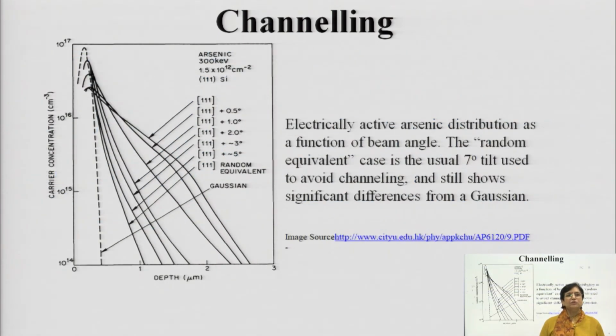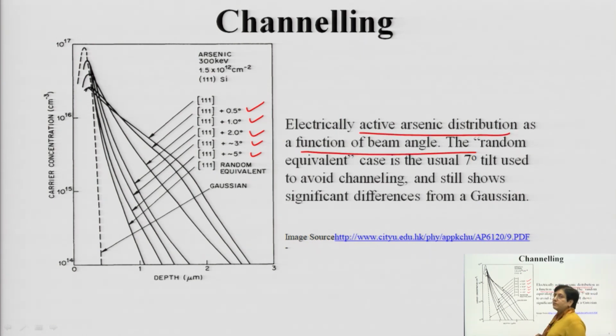This is shown in the next graph. Please see, for every 1 degree tilt modification: here it is 0.5 degree, here 1 degree, 2 degree, 3 degree, 5 degree. This is the electrically active arsenic distribution as a function of beam angle.